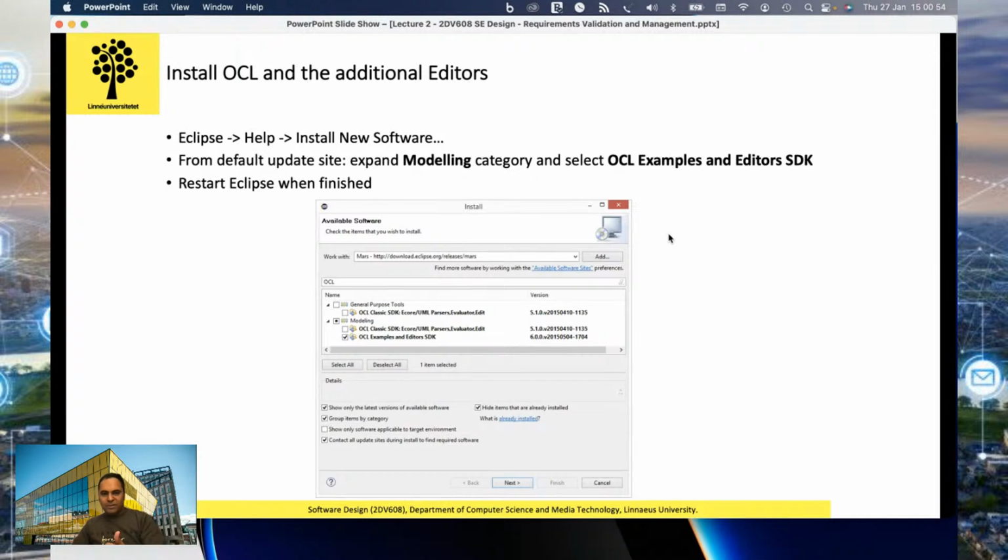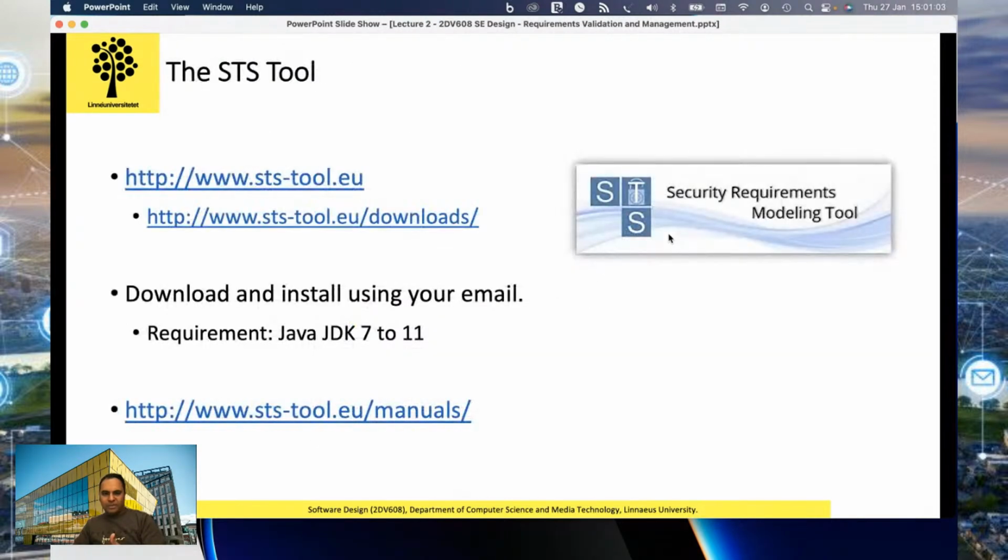First of all, you will install the OCL plugin on your Eclipse, and then you should download another tool called STS. It's a modeling tool where you can model your requirements, in particular the security aspects of the requirements.